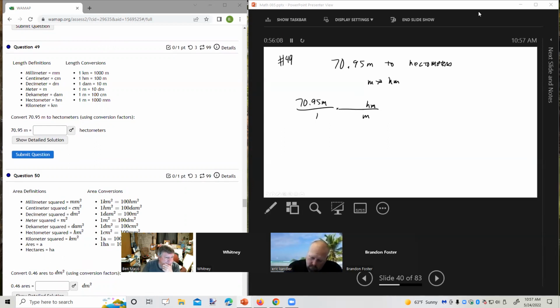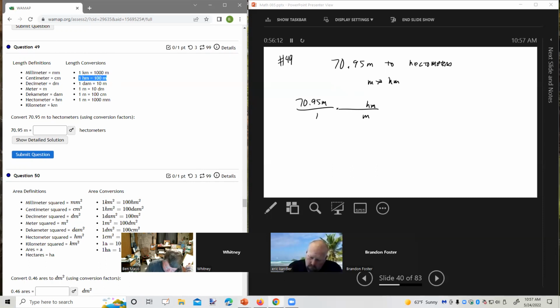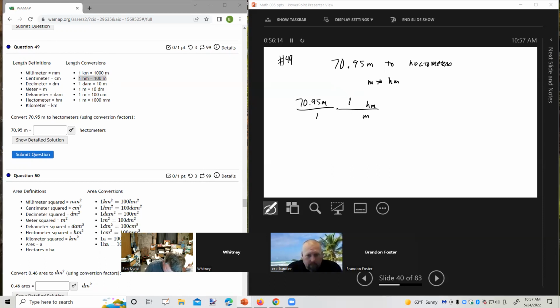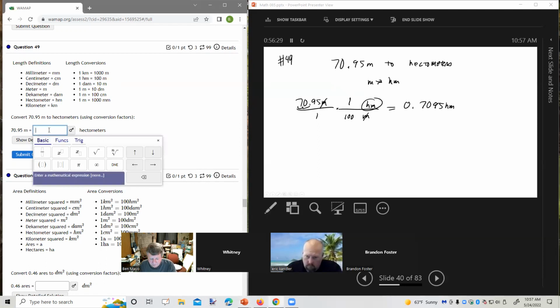And let's see, hectometer. 1 hectometer is 100 meters. So I'm going to take 70.95 divided by 100. Dividing by 100 moves the decimal point over to the left 2 places. So 0.7095.